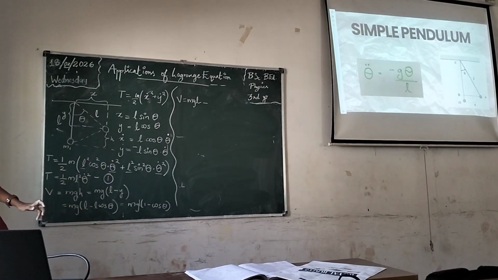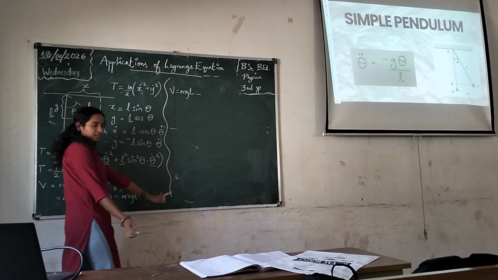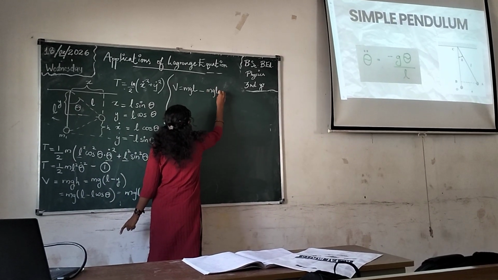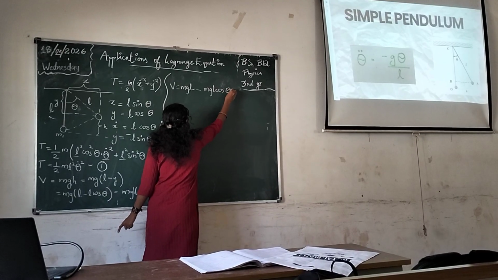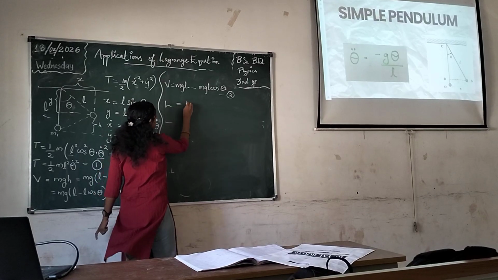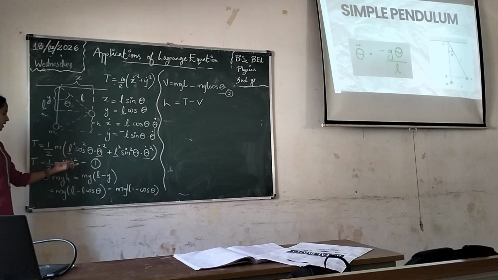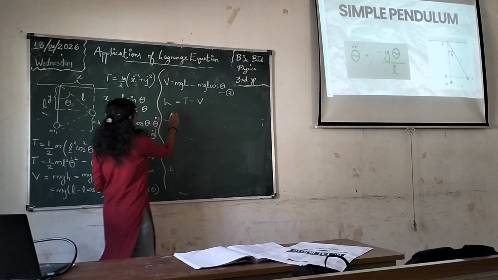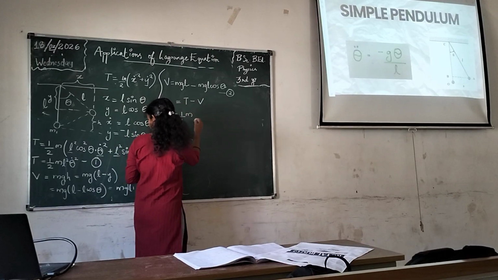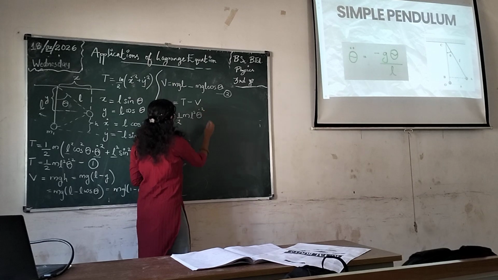So this is our V. So L is equal to T minus V. For T we have half m L square theta dot square. So L is equal to half m L square theta dot square minus mgL.